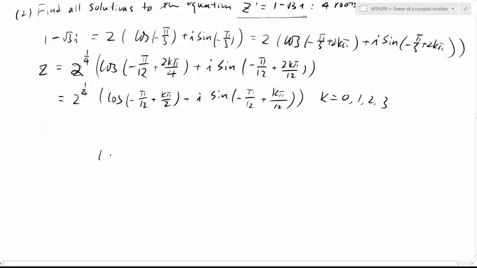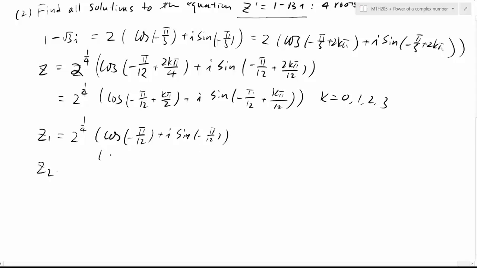So we have 4 roots. z1 is equal to 2 to the 1/4, and cosine, when k is equal to 0, negative pi over 12, plus i sine negative pi over 12. That's when k is equal to 0. And that's okay because negative pi over 12, this argument is the principal value.